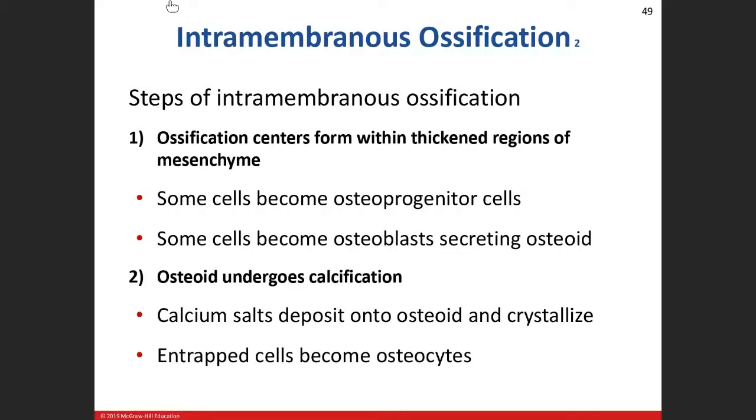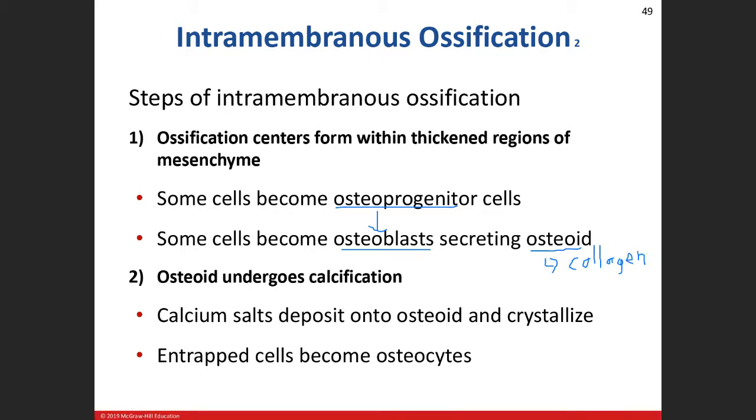So those mesenchymal cells are going to differentiate into osteoblasts. Some will turn into the osteoprogenitor cells, which will then turn into osteoblasts. But eventually we're going to wind up with our osteoblasts, and they do one job: secrete the osteoid. Remember the osteoid is a goo-like substance, primarily made up of collagen. Collagen is the protein fiber, which is one component of the extracellular matrix.